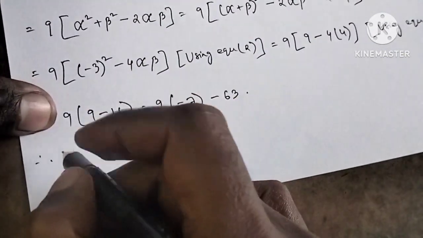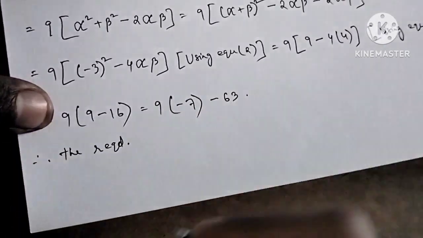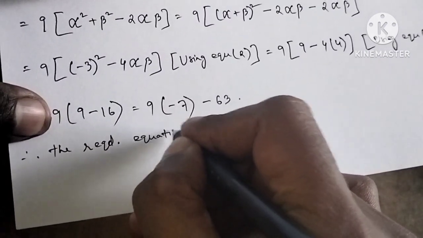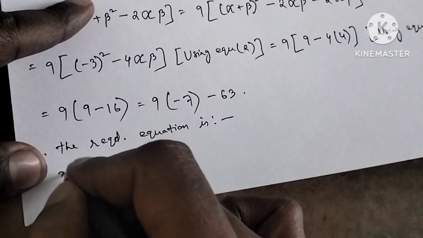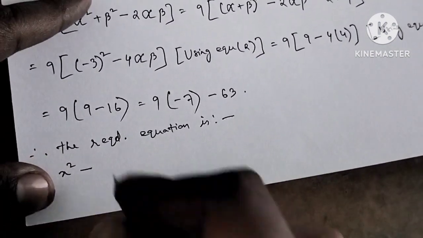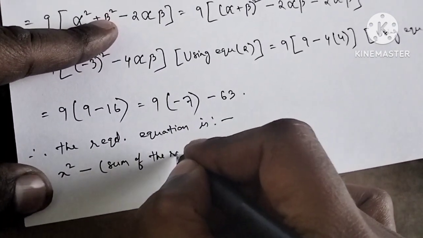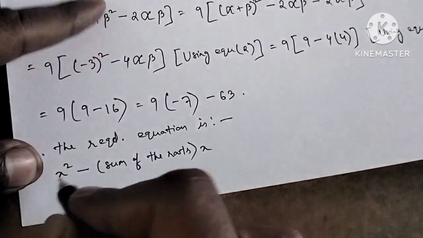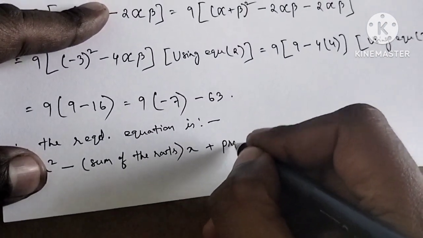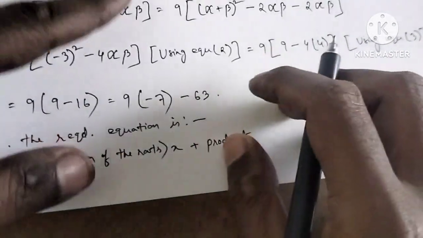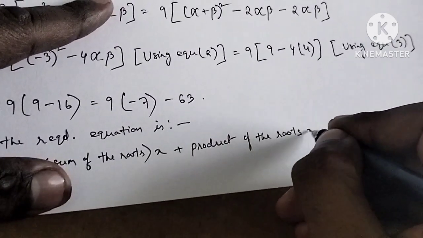So therefore the required equation is, what will be the required equation? x square minus, what is the formula? x square minus sum of the roots into x plus product of the roots is equal to 0.